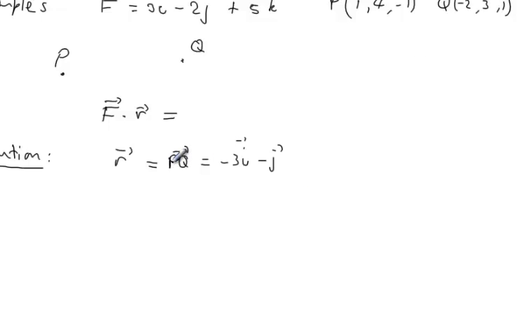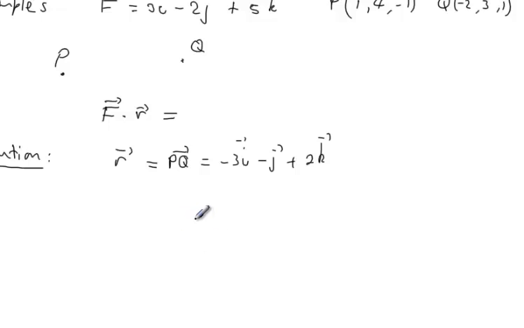The vector starts at P and ends at Q, so you just take the coordinates of Q and subtract those of P. Minus 2 minus 1 is minus 3, i. 3 minus 4 is minus 1, j. Then 1 minus 1 is 2, so plus 2k. That's vector R. Are we together?